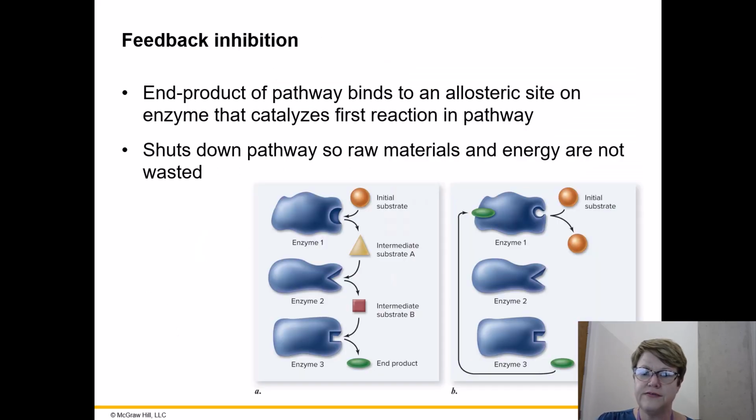Now, when you have a biochemical pathway, and in this diagram there's a very short one, just enzyme 1, enzyme 2, enzyme 3, it doesn't matter how long the pathway is. What tends to be true is that the end product, or sometimes one of the intermediate products, often can act as a non-competitive inhibitor towards one of the enzymes in the pathway.